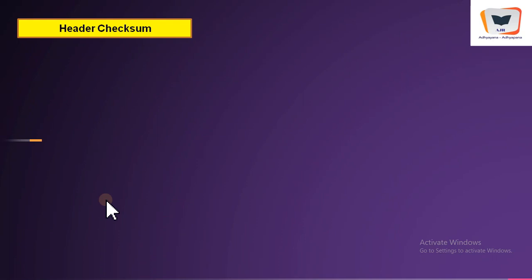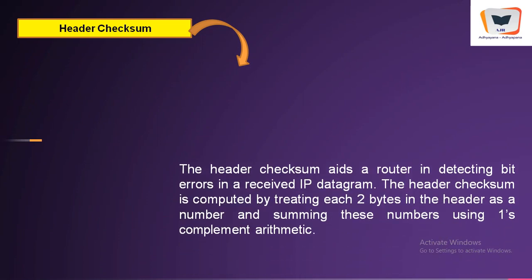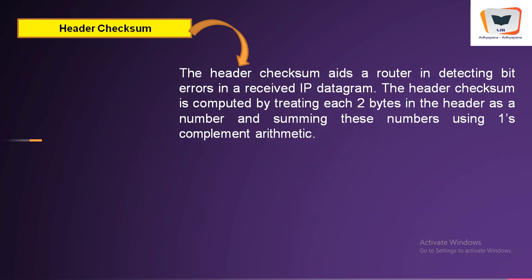Header checksum. Like TCP, here is a facility for header checksum. Of course, a header checksum will help to detect any errors caused in the header portion. The header checksum aids a router in detecting bit errors in the received IP datagram.